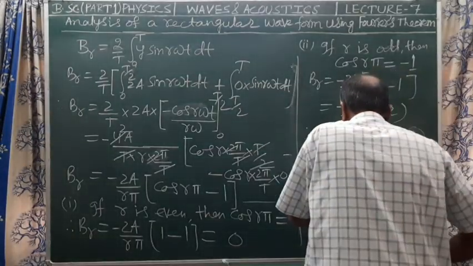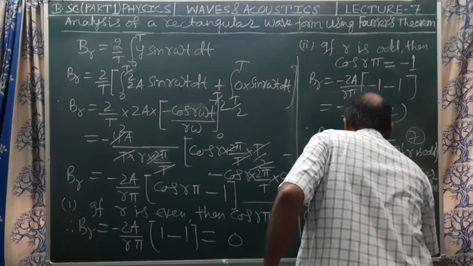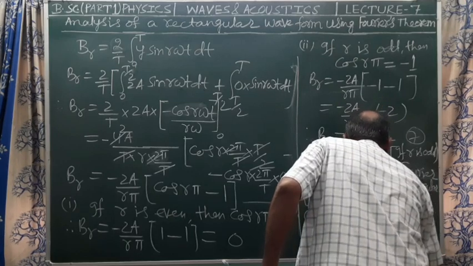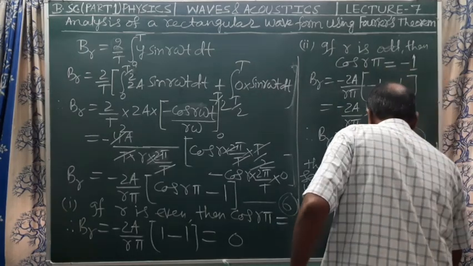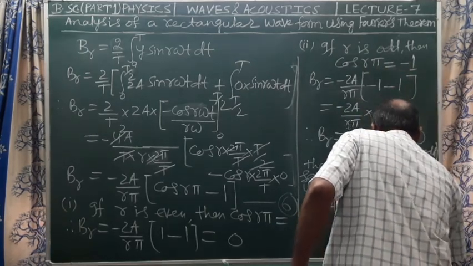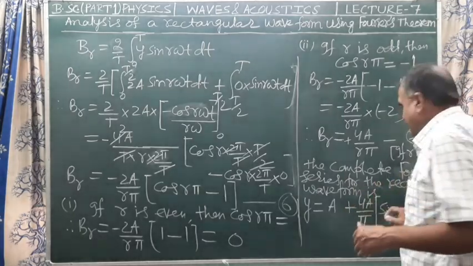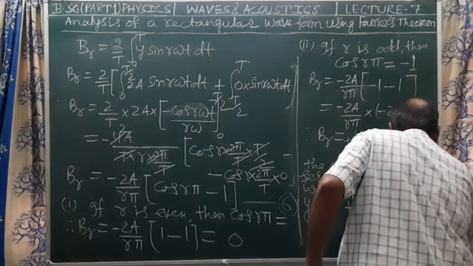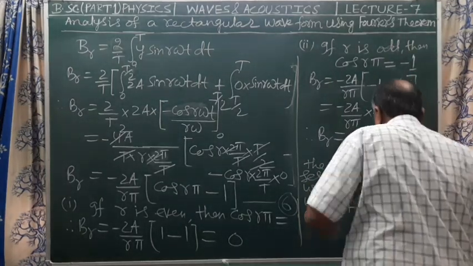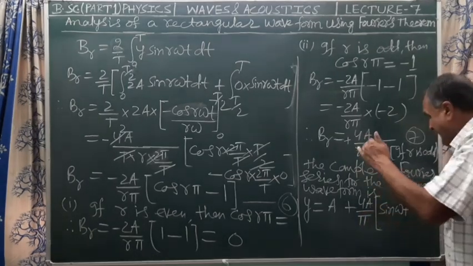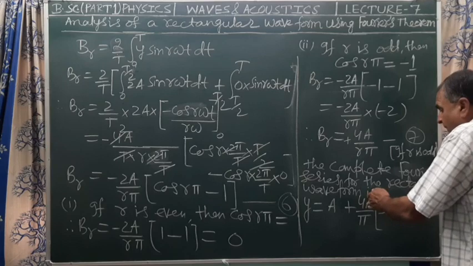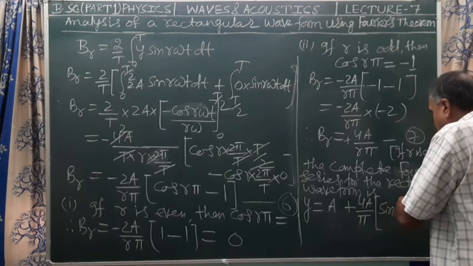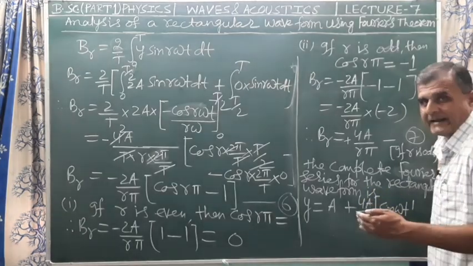So we have a plus 4a upon pi, taking 4a upon pi common out of the bracket. Now the first term, putting r is equal to 1, is sin omega t, plus the second term, 1 by 3 sin 3 omega t, since we have taken 4a upon pi common, so inside the bracket we only write 1 by 3.